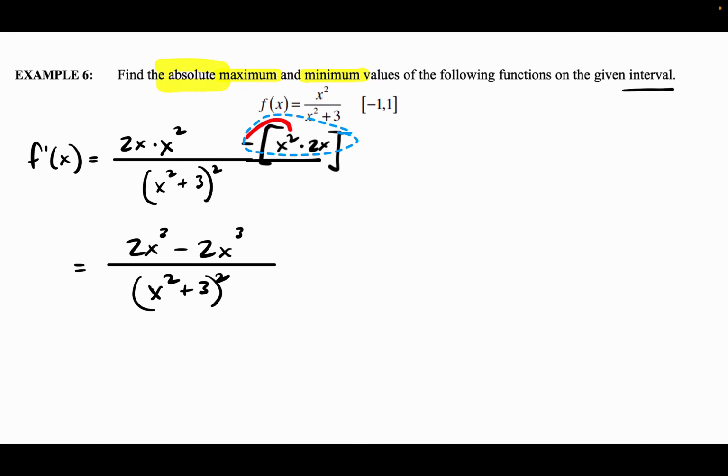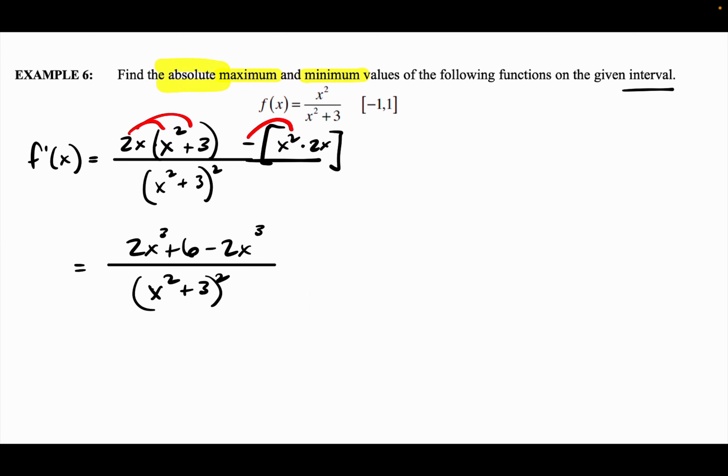Okay, let's see, move this over here. So it's going to be x squared plus 3, right? Yeah. That's what it should have been, right? Derivative of the top times the bottom minus the derivative of the bottom times the top. Okay. So this is going to be 2x to the third plus 6x, minus 2x to the third. And they're going to cancel out.